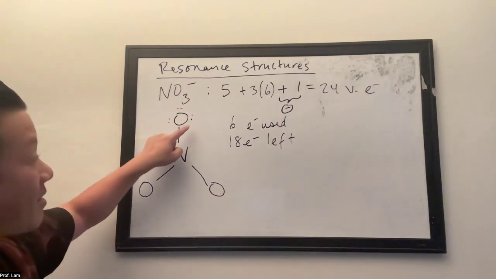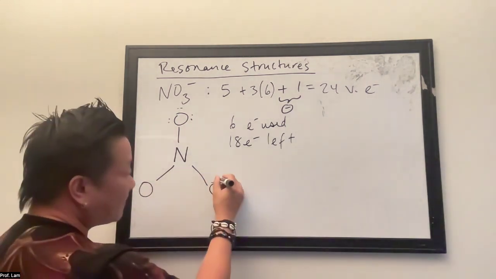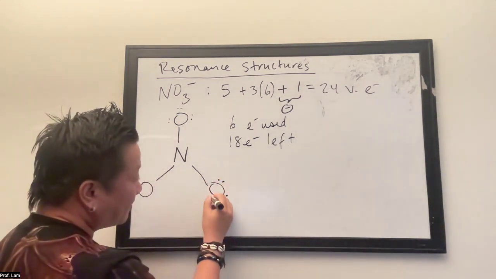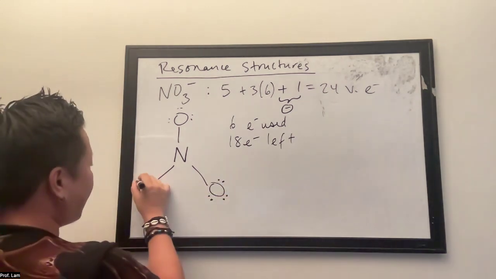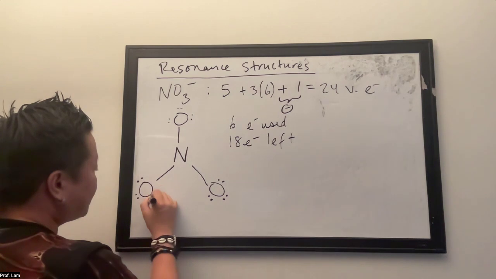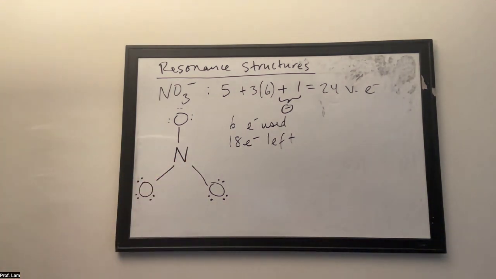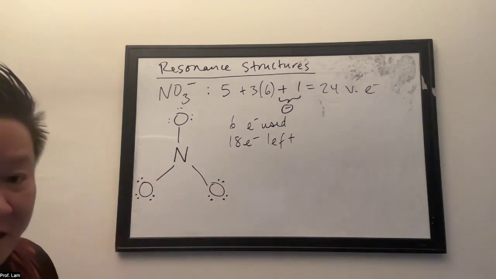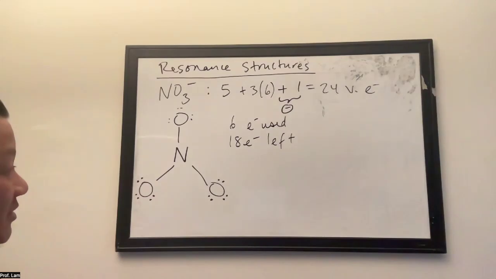So I put 3 pairs: 2, 4, 6, 8. I have fulfilled my octet. Same here: 2, 4, 6, 8. And again on this oxygen: 2, 4, 6, 8. Once I've done that, I've already put in 18 dots, so I'm done putting in the dots.